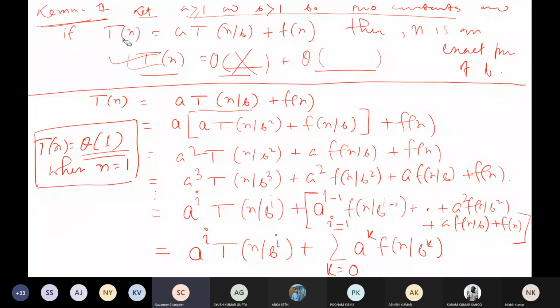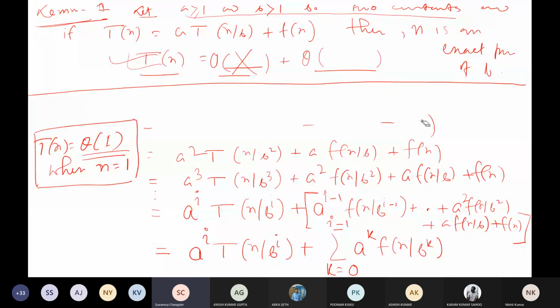So if the ith iteration is the terminating condition, what can we say? Let us erase all these first. The terminating condition is the ith iteration. So from here, T(n/b^i) must be equal to T(1), which is the constant theta of 1.